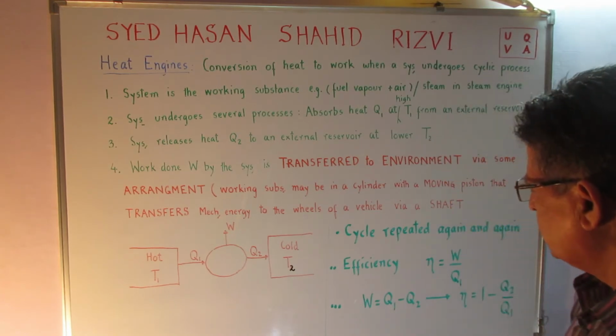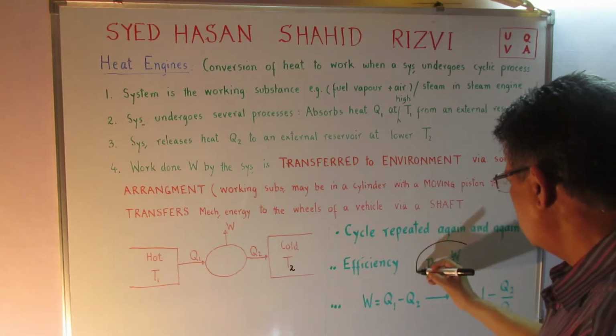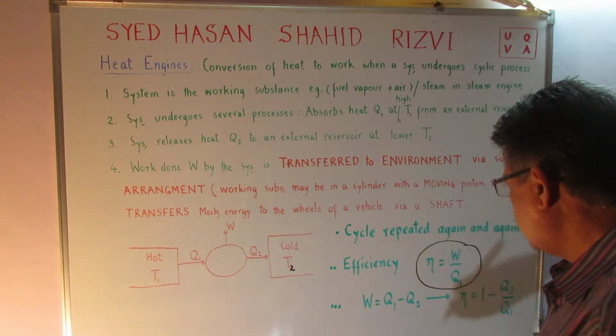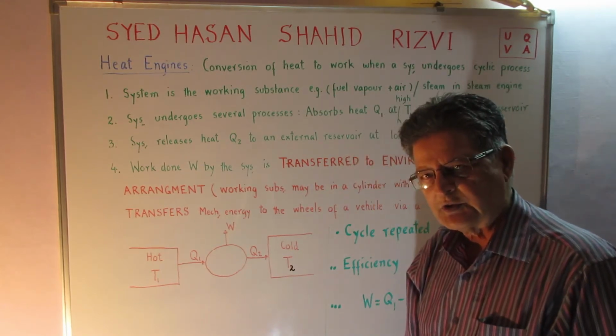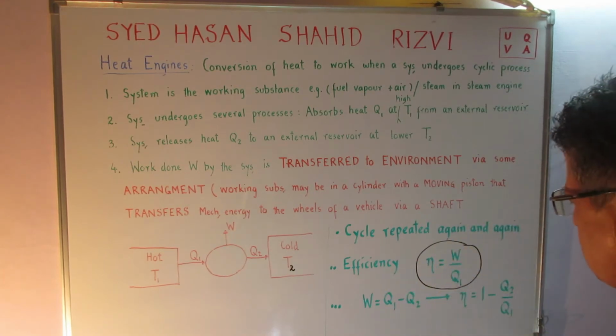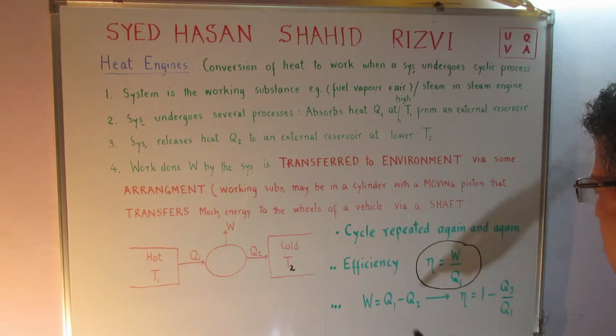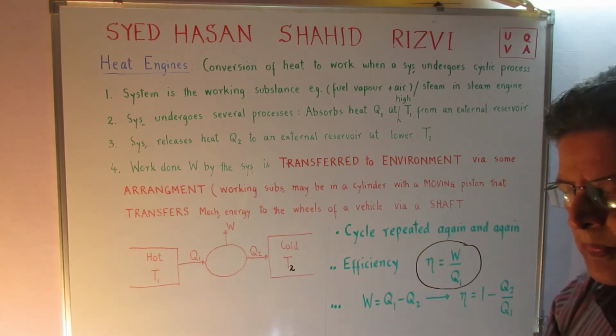The efficiency of this engine is eta, equal to the work done divided by the total heat which has been extracted from the first reservoir. Since W is equal to Q1 minus Q2, if I divide Q1 minus Q2 by Q1, I get 1 minus Q2 upon Q1.